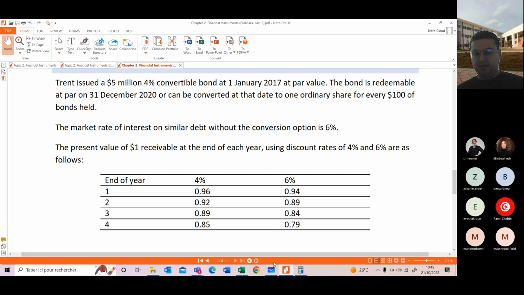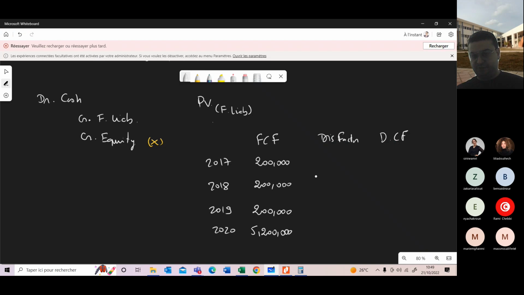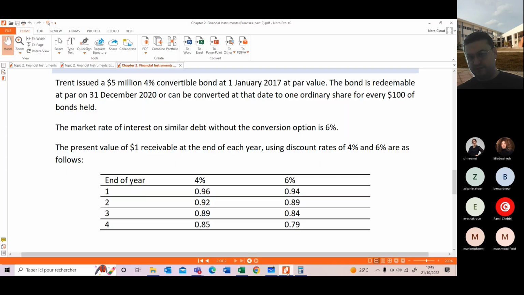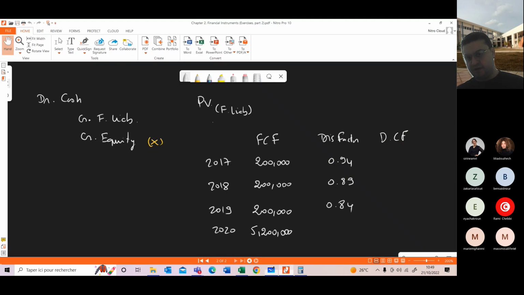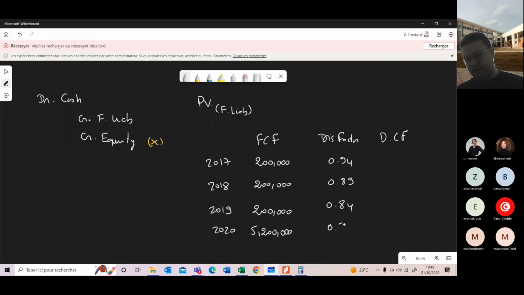The discount factors are 0.94, 0.89, 0.84, and 0.79.